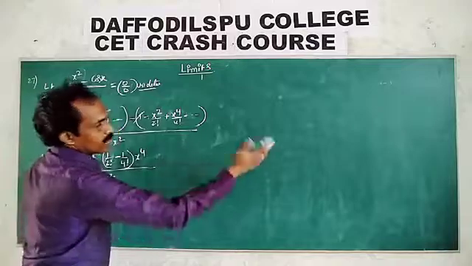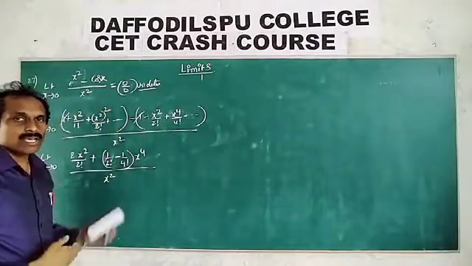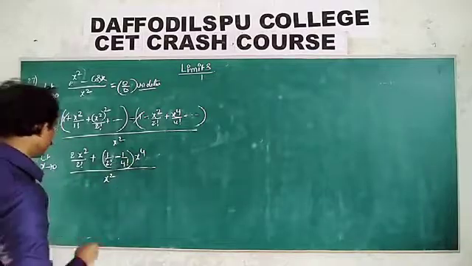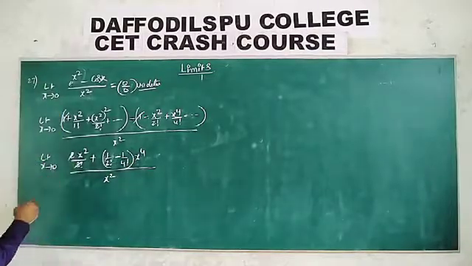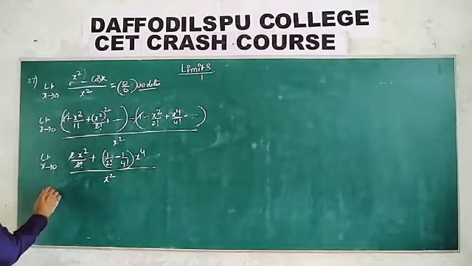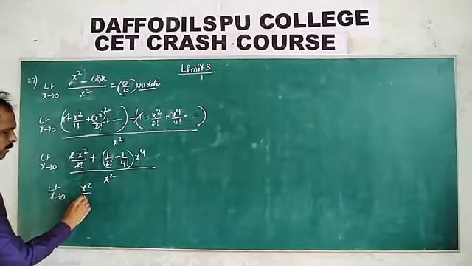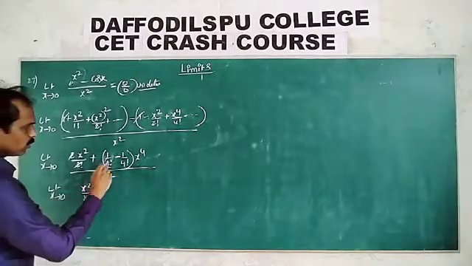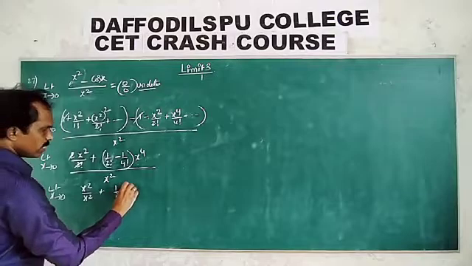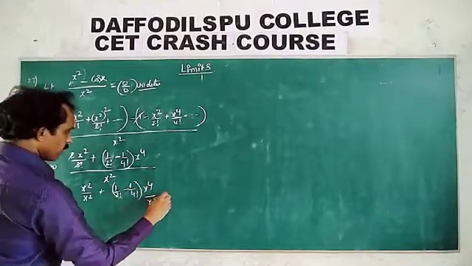However, remaining two values also more than the x power 4. Therefore, zeros. All terms are zeros. Right. To do cancel. Therefore, limit x tends to 0, x square by x square plus 1 by 2 factorial minus 1 by 4 factorial x power 4 by x square.